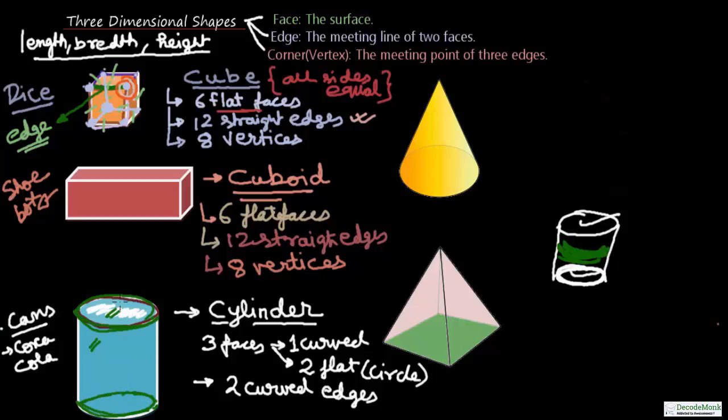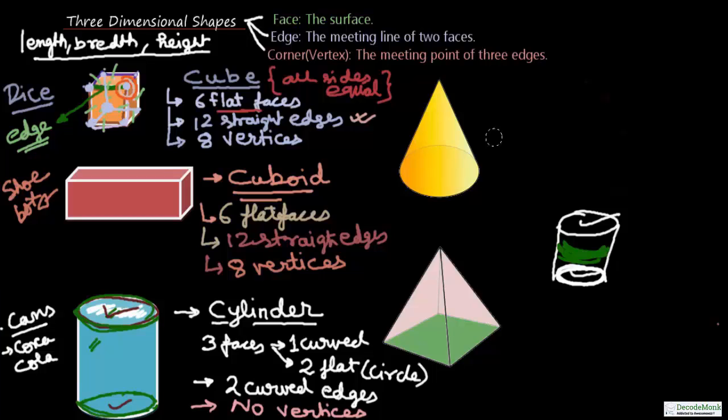So there are 2 curved edges, or 2 circular edges, on the top and at the bottom, and as these two edges do not meet, we can say that it has got no vertices. So this is the thing you need to know about a cylinder.